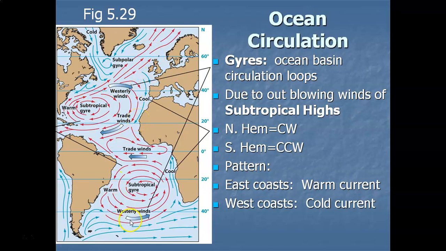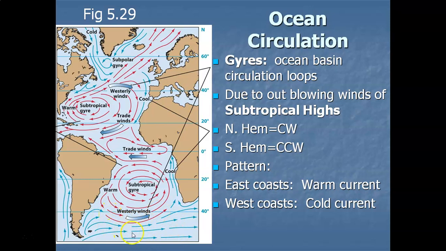And it works out the same for the southern hemisphere. Because of the reversal of direction, on the east coast of South America, here's Brazil and Argentina, you've got warm tropical waters being carried in this counterclockwise flow, creating a warm ocean current along the east coast of South America. And then we've got cold Antarctic waters here.